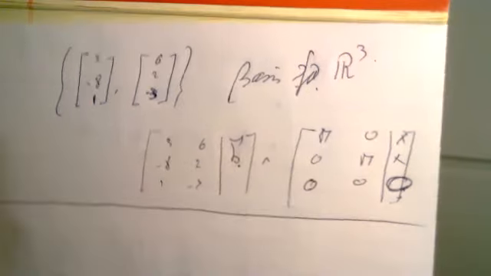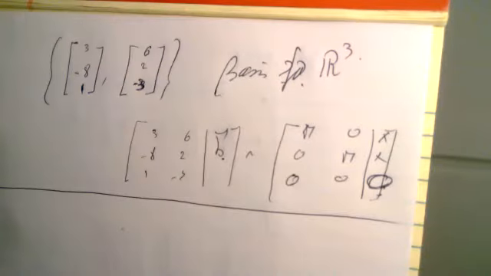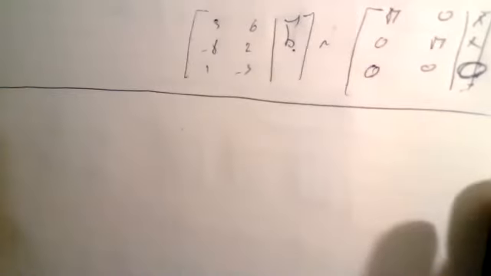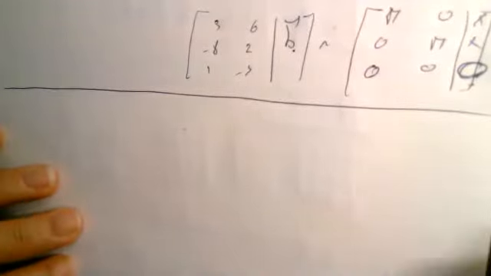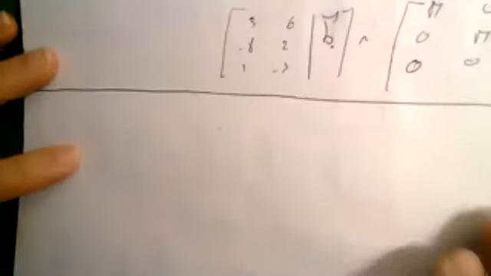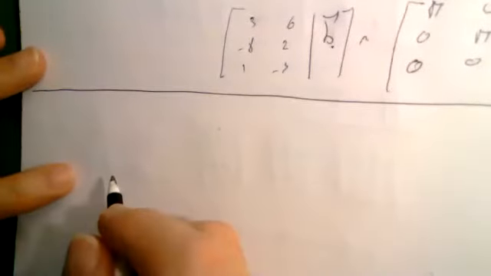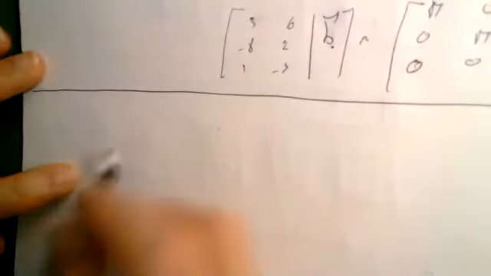Now, as we did last time, if I have 4 vectors in R3, it's the independence that is not satisfied. So with 4 vectors in R3, there is no way they can form a basis. And this actually motivates the definition of the dimension of a subspace.